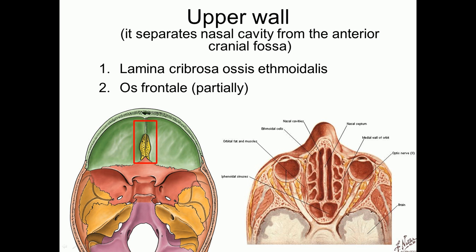So we can see that the orbits were cut and the upper part of the nasal cavity was cut. So the nasal cavity is opened here when the upper wall was removed.